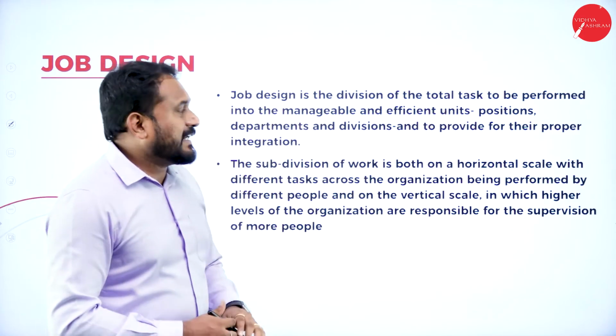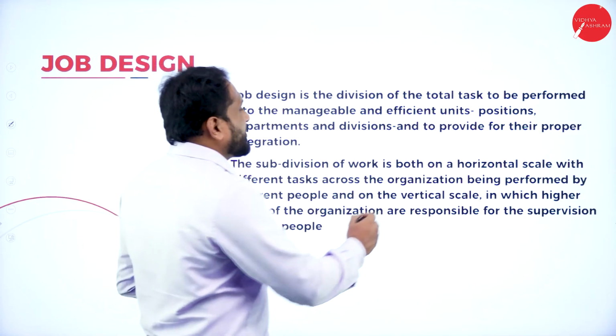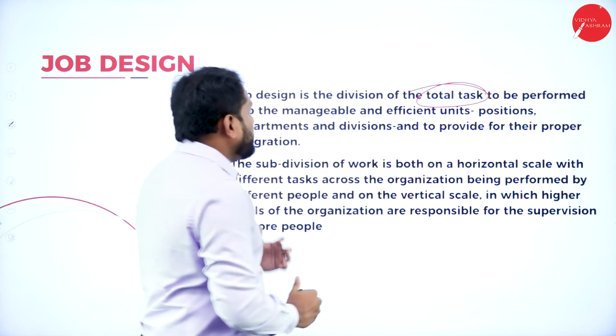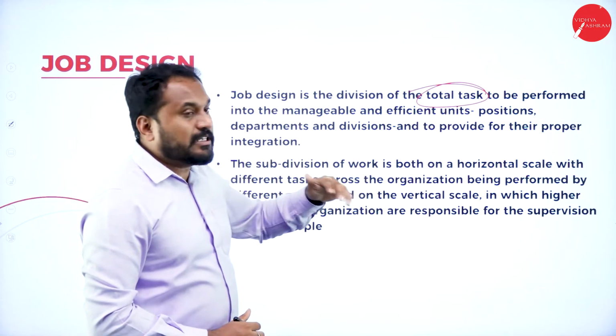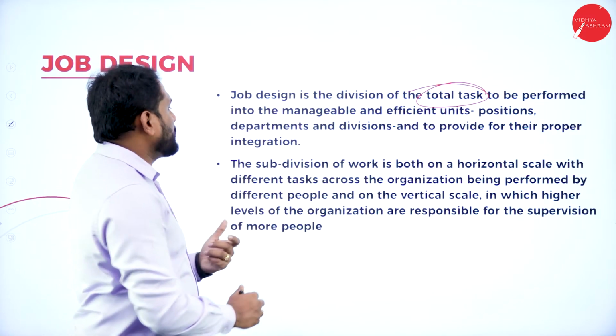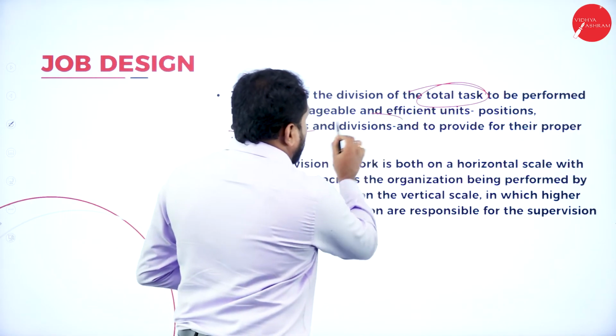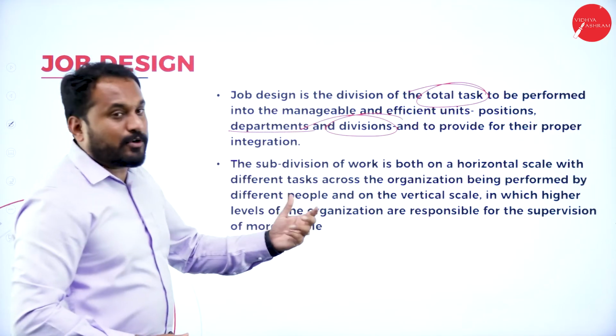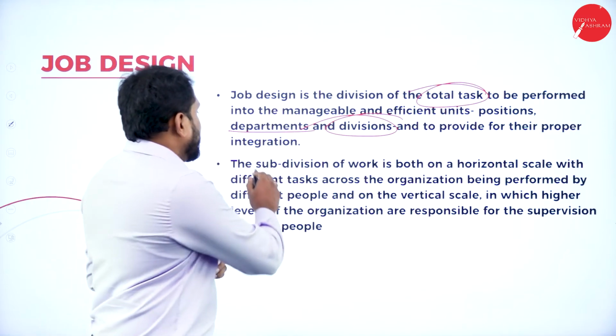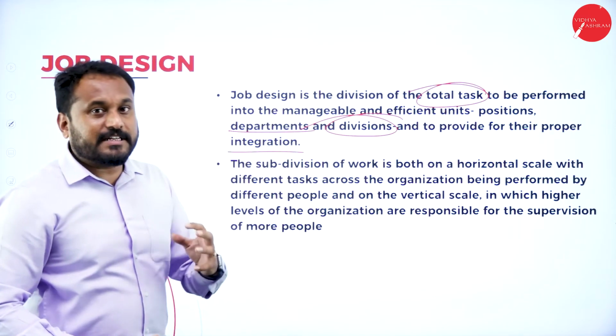Now the job design is the division of the total task to be performed into manageable and efficient units or positions, departments and divisions, and to provide for their proper integration. That is called job design.